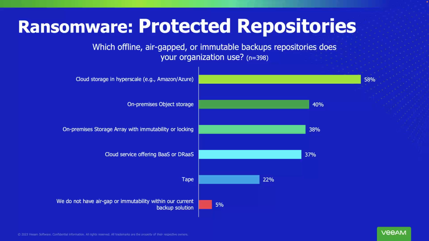Some of the storage vendors today, if you are using production storage of certain brands, you are able to perform storage snapshots with a WORM-like feature, locking your snapshots. Of course, the last one, 37%, is using cloud service providers, right? Like our Veeam cloud and cloud service providers, where they offer backup as a service or DR as a service options.